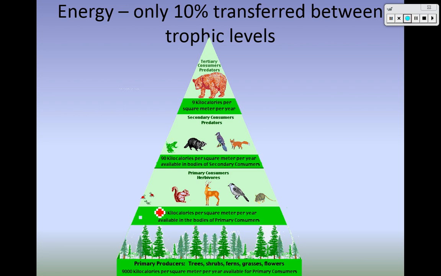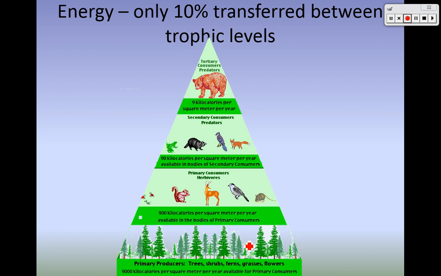Think about it this way as well. So you have this bird here. This bird might weigh, I don't know, let's say 2 kilograms. Over the course of its lifetime though, it's going to need more than 2 kilograms worth of primary producers. In fact, it's going to need 10 times that much to sustain itself.